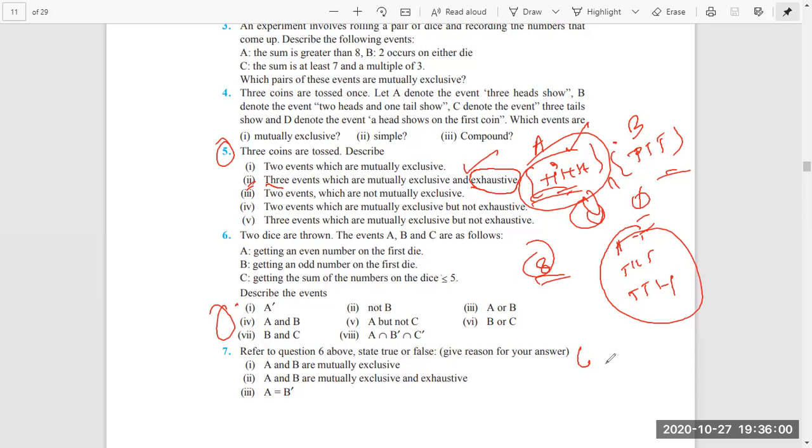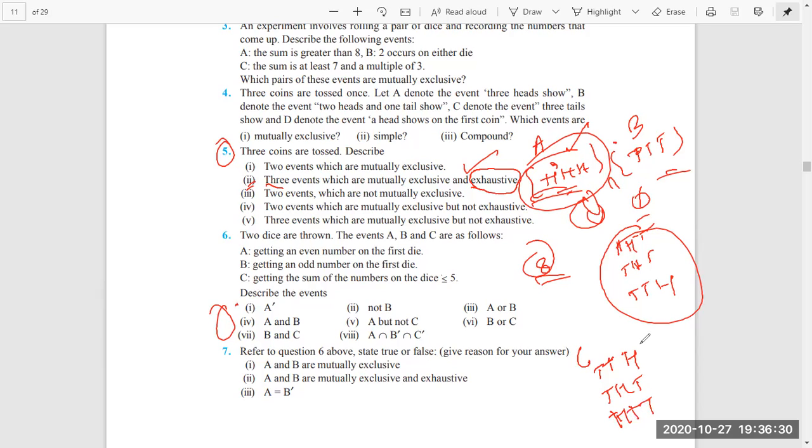Getting only two heads. Only two heads, then okay, there is an intersection. Okay, only two tails. Two tails means tail, tail, head, tail, tail, head, tail, tail.